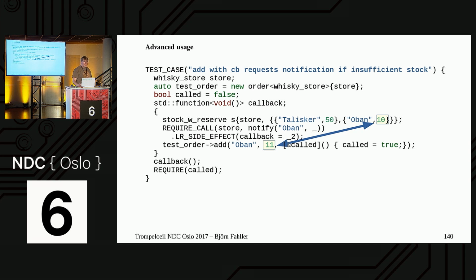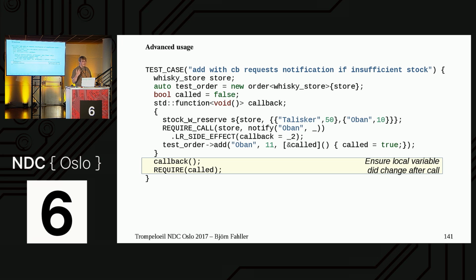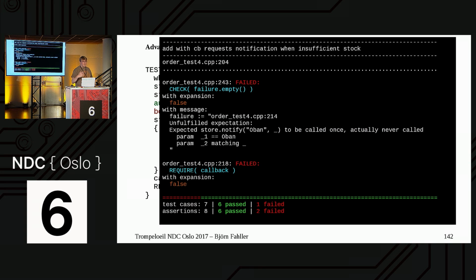And to ensure things are fine, I call it and then I check that this local variable, this boolean called, is now true. This obviously fails because I haven't implemented it yet. But that is okay. It compiled, so we're on to something.